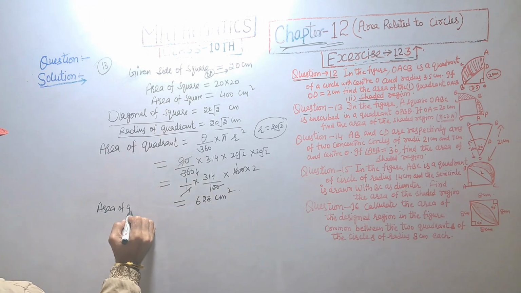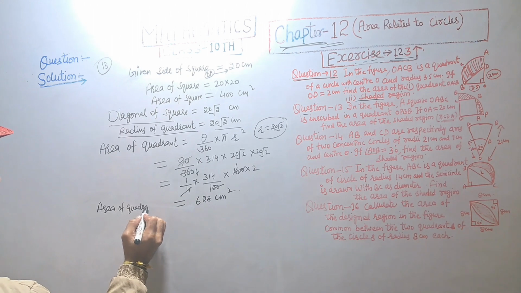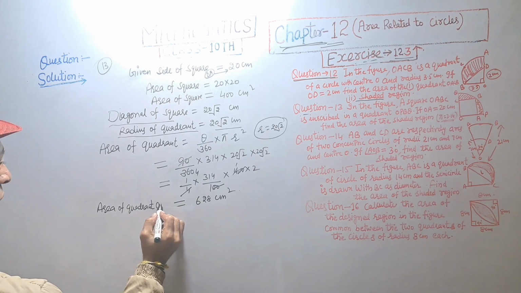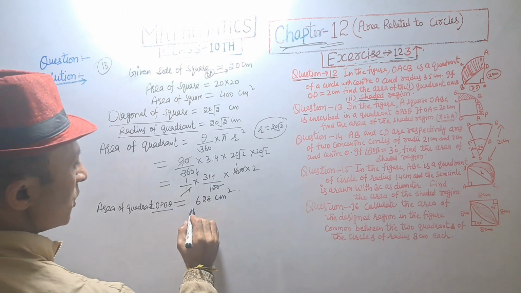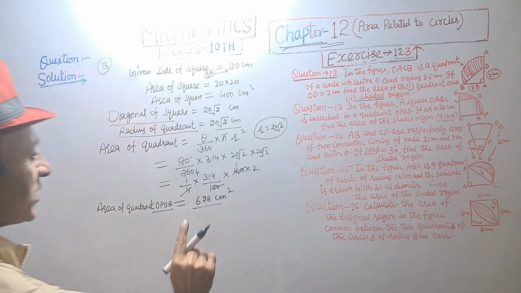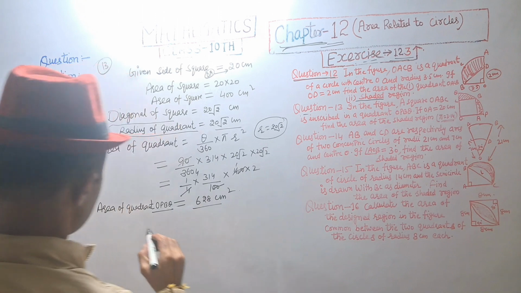Area of quadrant OPBQ is equal to 628 centimeter square.